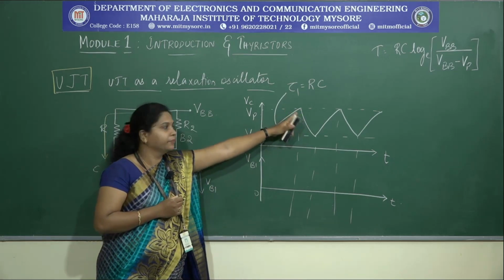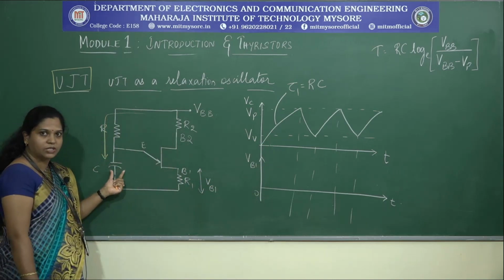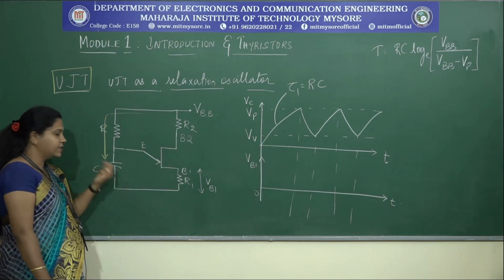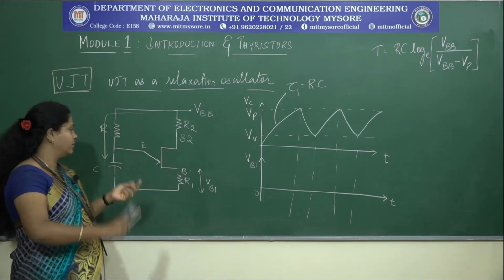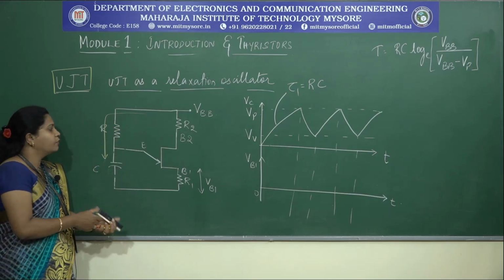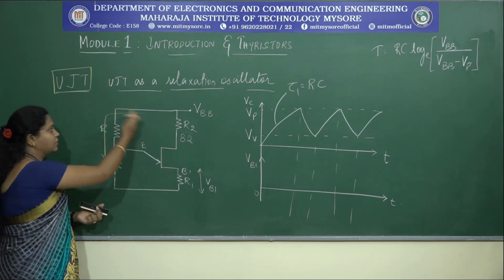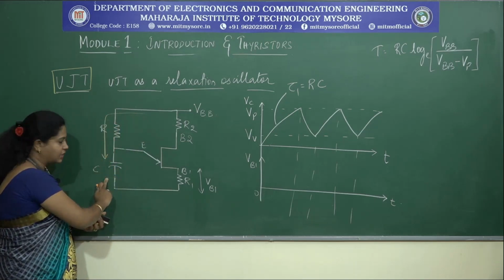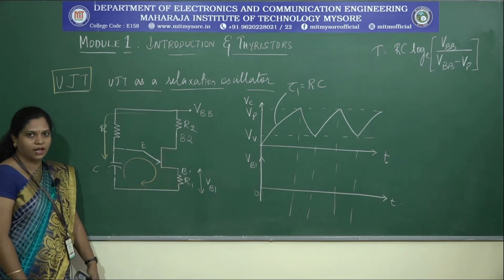Similarly, once the capacitor has accumulated charge on its parallel plates, it has to discharge the stored energy on its plates. For charging it has chosen this path. For the discharging process, it will discharge through this resistor R1.